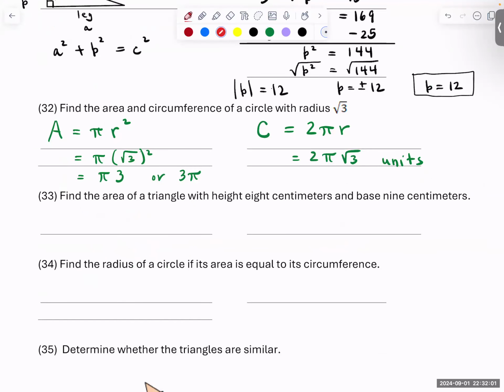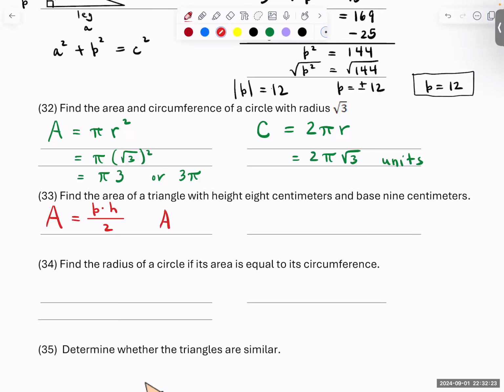33, find the area of a triangle with height 8 centimeters and base 9 centimeters. Formula for area of a triangle is base times height divided by 2. So B for base, H for height, divided by 2.